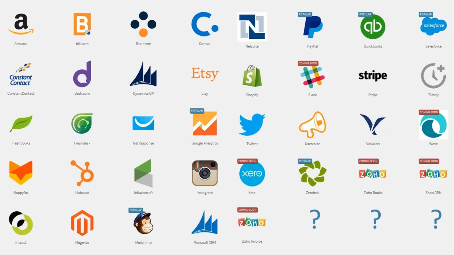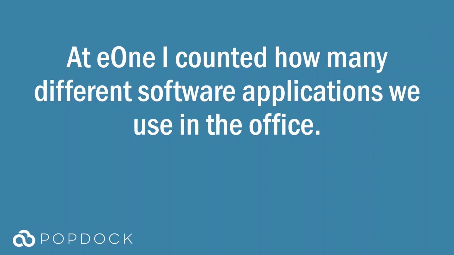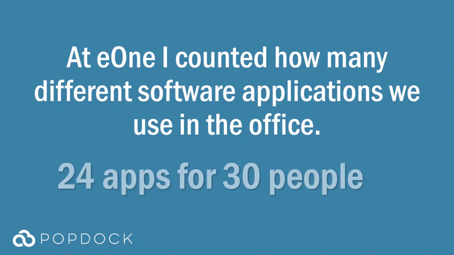Now, for some of you, it's a lot to do with Dynamics GP, but I guarantee in other parts of your business, and this is maybe outside of accounting, there's a lot of software being used where there's business data being stored. I discovered when I counted around eOne that we had 24 pieces of software for a company that was only 30 people. And when I went through that, we had an ERP system being Dynamics GP.